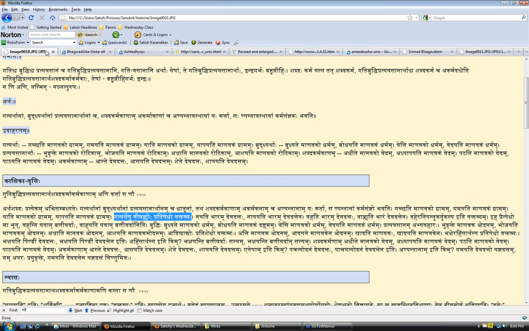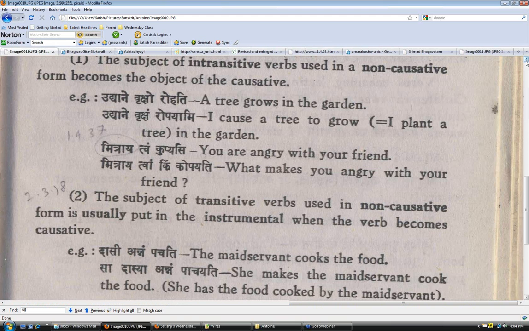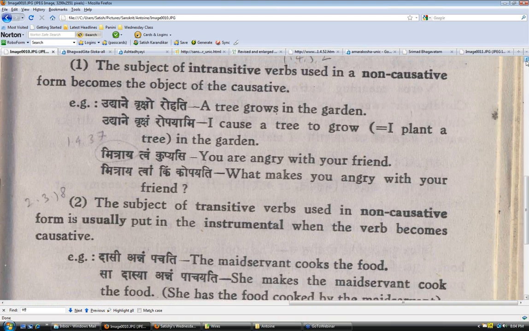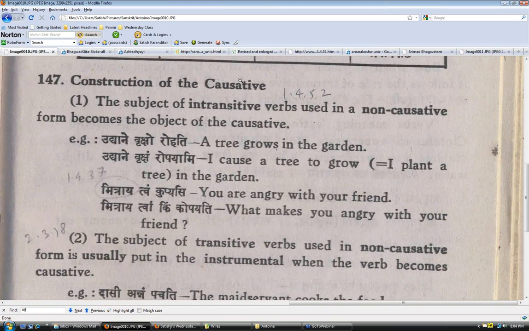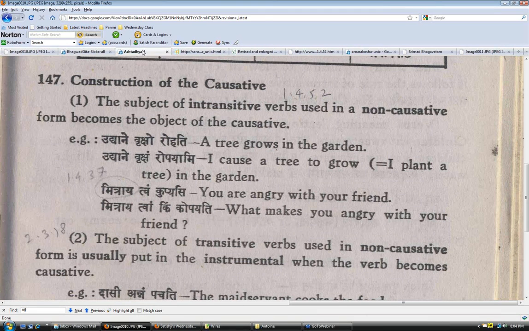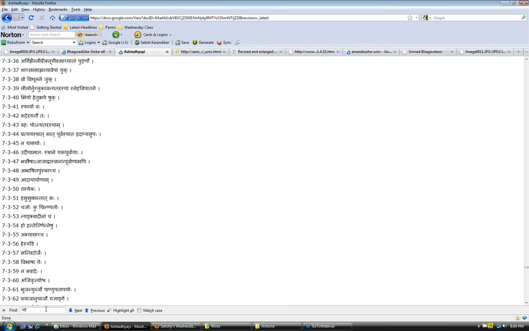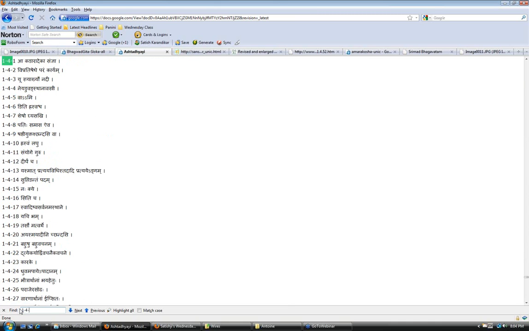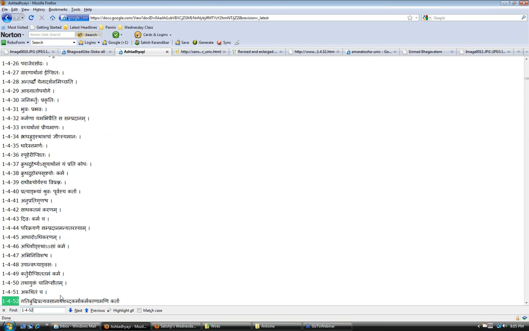Okay, let's start from the book, let's do this page. He says the subject of intransitive verbs. So he's taking this part first, the akarmaka part. That's the way Anton has taken it. He is focusing on the akarmaka. If you look at 1452 again, gati buddhi pratyavasanartha shabda karma akarmakanam.